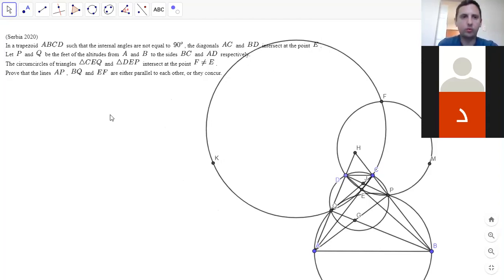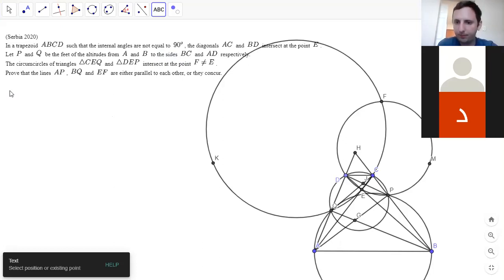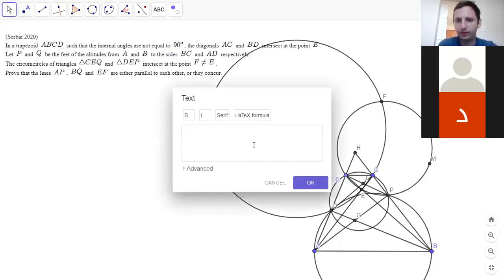Okay. So I'm going to do the angle chase, which is the same as Reim's theorem. So first I'll point out, this is kind of obvious, but angle AQB equals angle APB equals 90. So AQPB is cyclic.